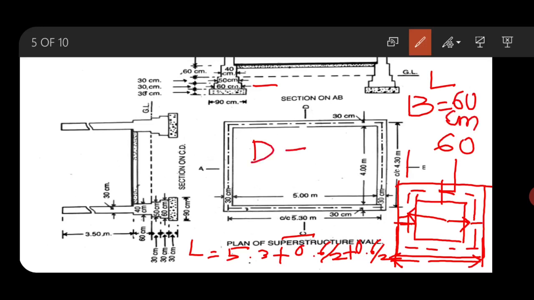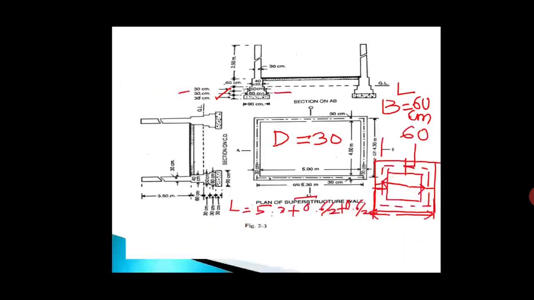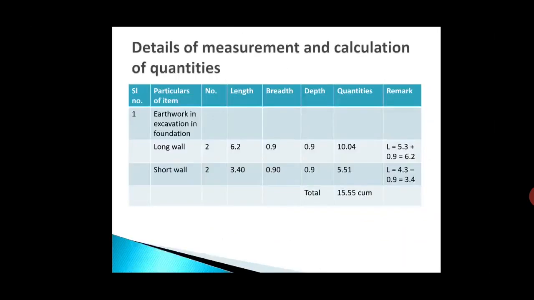Then what about your depth? Depth means the thickness of the first footing. You can see from the sectional elevation it is written that the thickness of the first footing, the 60 cm wall, is 30 cm. So now let us move to the details of measurement form.